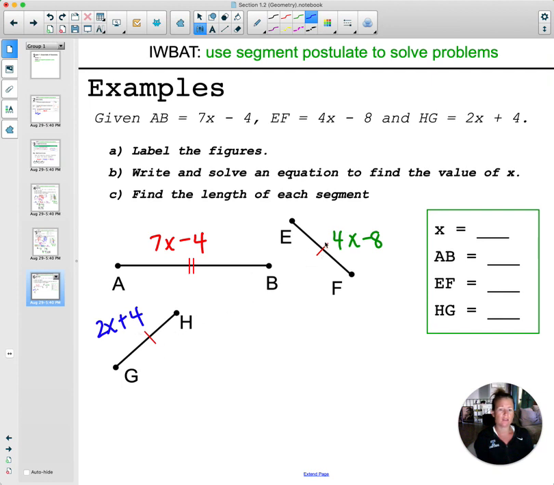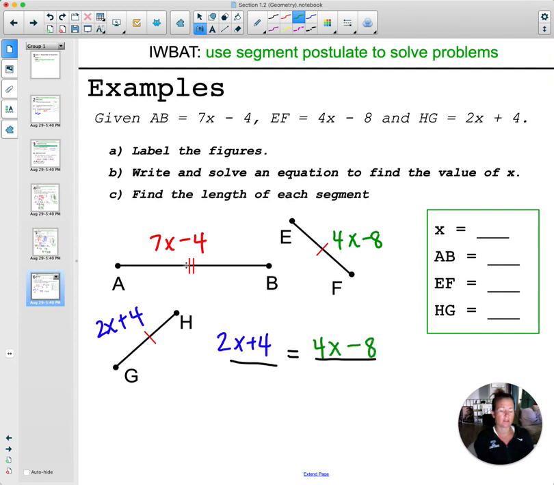So each of these two segments has 1 tick mark. That means that they are equal to each other. So they are congruent segments, which means that they have equal length. So each of those pieces are going to equal each other. We will say each of those segment lengths, 2x plus 4, is equal to 4x minus 8. That would be the equation.